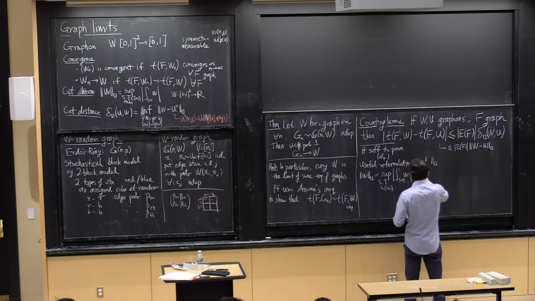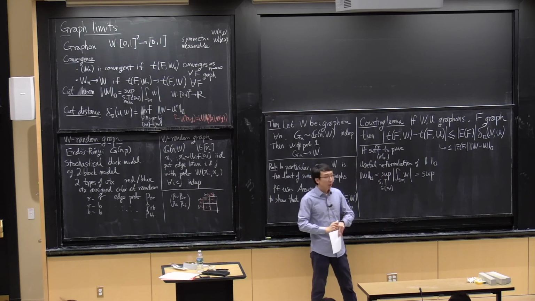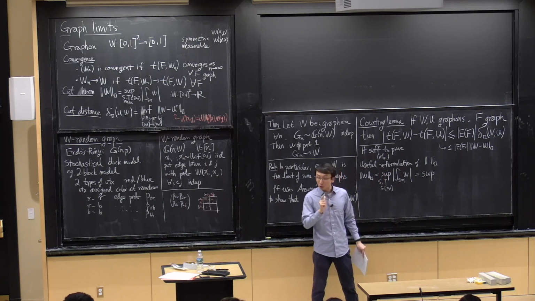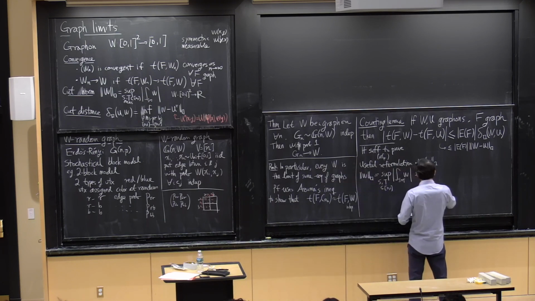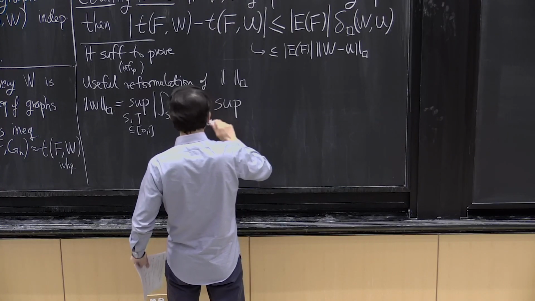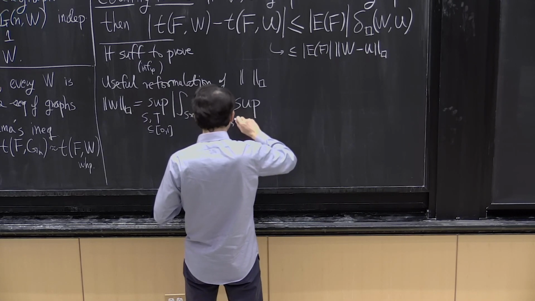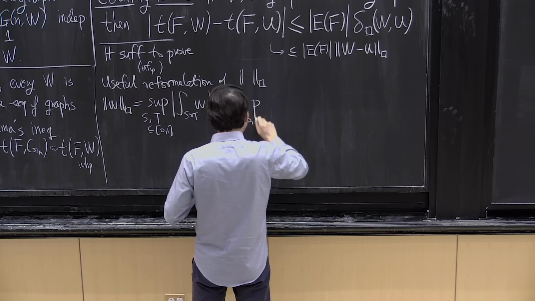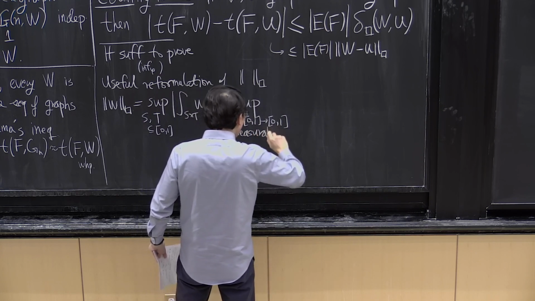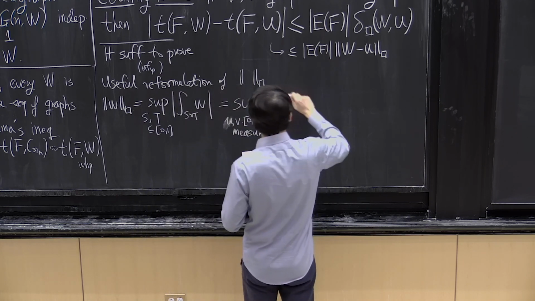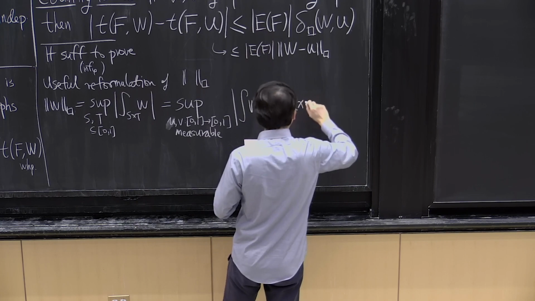But it turns out I can rewrite this supremum over a slightly larger set of objects. Instead of just looking over measurable subsets of the interval, let me now look at measurable functions, little u and v, from 0,1 to 0,1, and as always, everything is measurable, of the following integral.